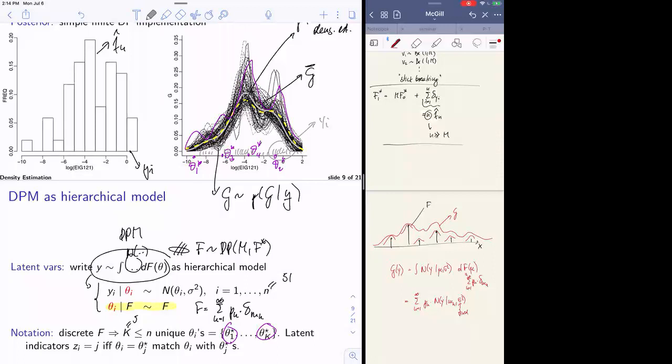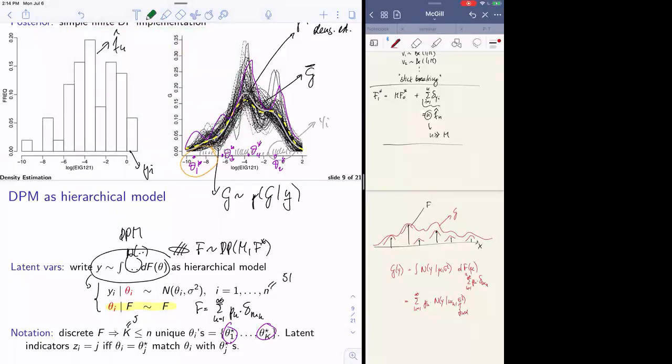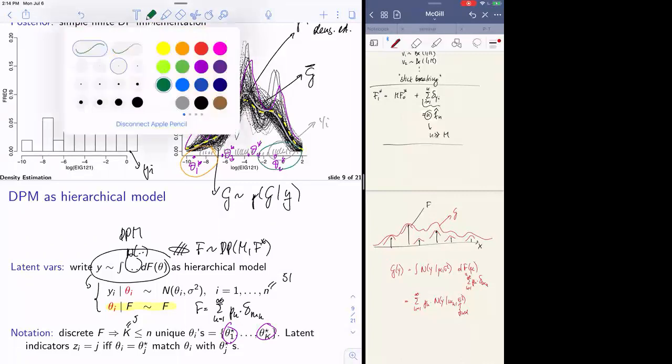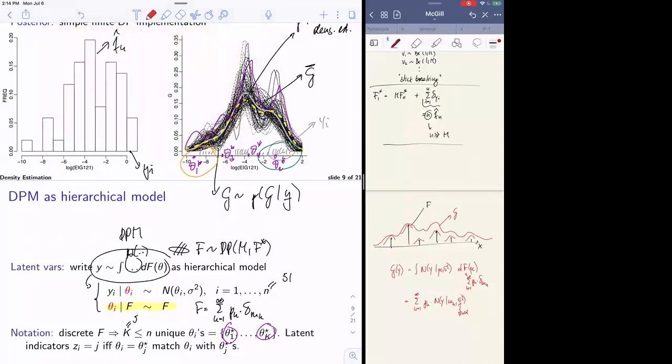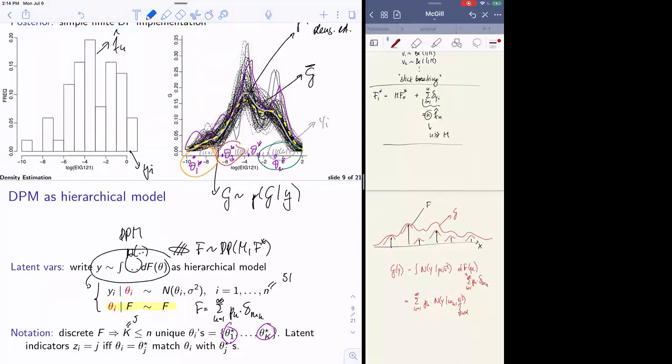Can you see how these unique theta stars introduce clusters of the Y i's? Some of them might belong to the orange theta 1 star, some to the green theta 2 star, some to the red theta 3 star, and some to the blue theta 4 star.